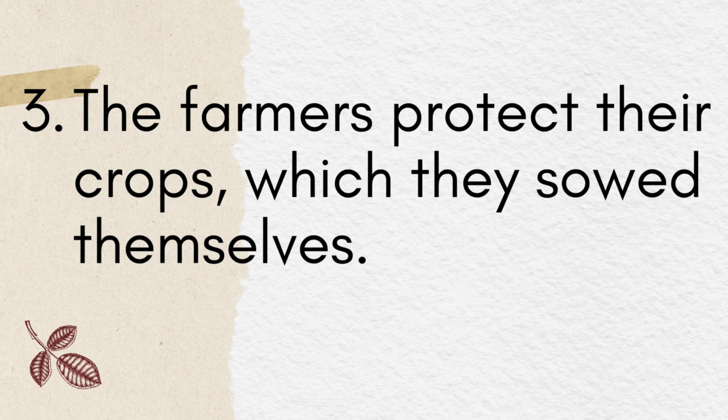This sentence is acceptable, right? There is an acceptable shift. Protect is in present, an ongoing action. Sowed is in past, a completed action. So it's acceptable because the actions happened at different times.